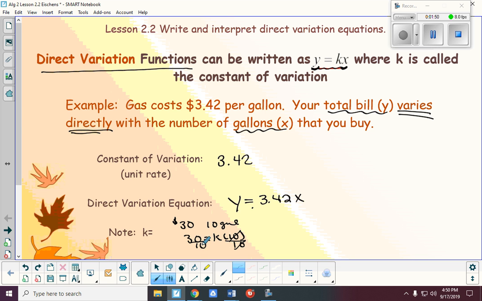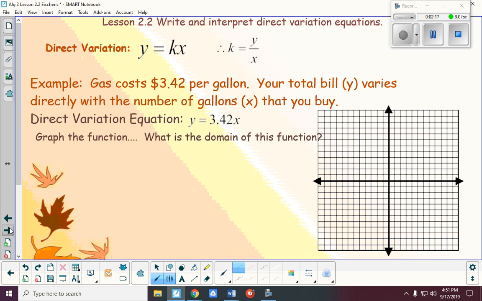So k is equal to 30 over 10, which is 3. So your unit rate there is 3. So for your direct variation equation, you would write y equals 3x. So k is going to be y over x. So whenever you're looking for a k, you can do y over x.